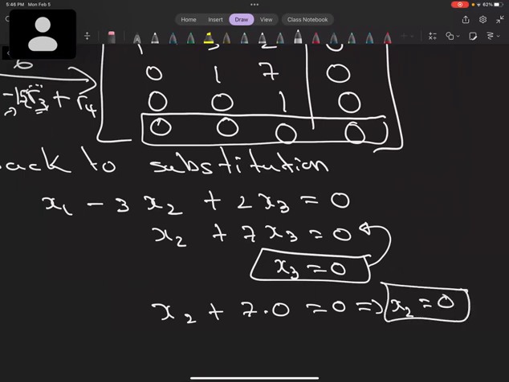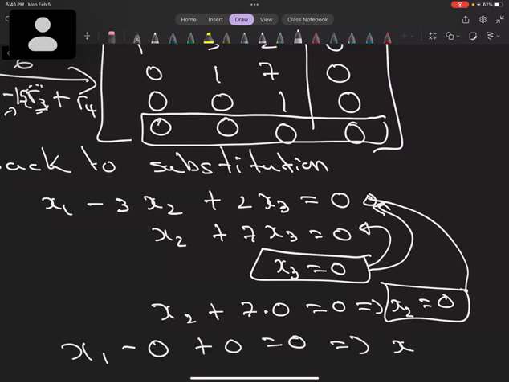And now I put those two over here. So I got x1 minus 3 times x2, that is 0, plus 2x3, 0, equals 0. So we get x1 equals 0. So what is the conclusion, guys?